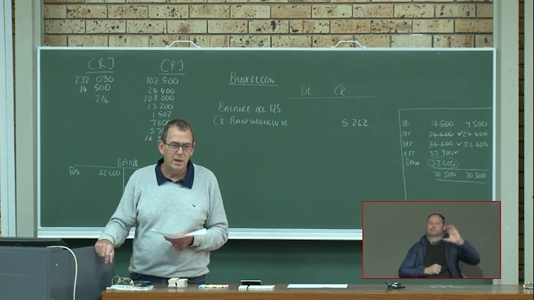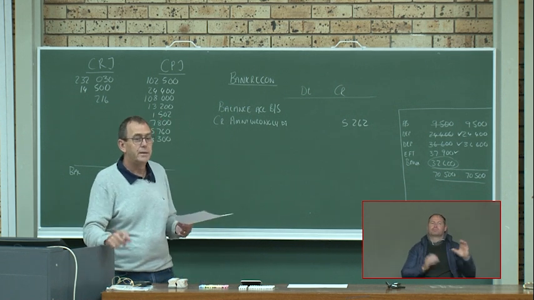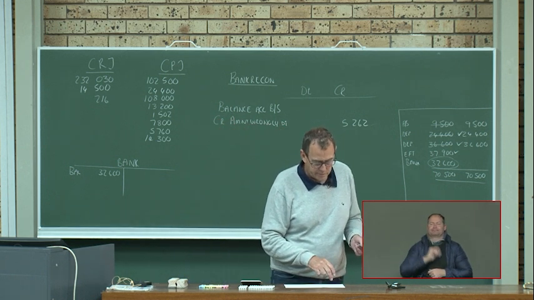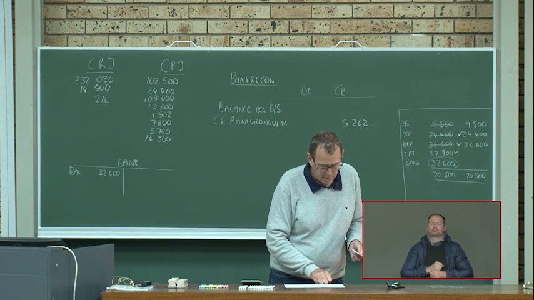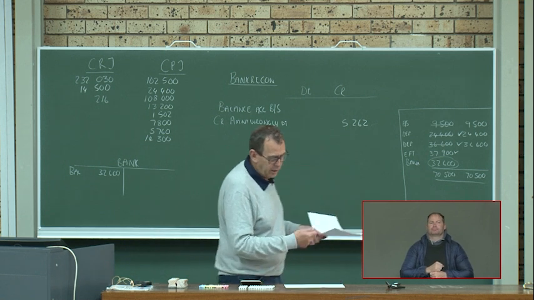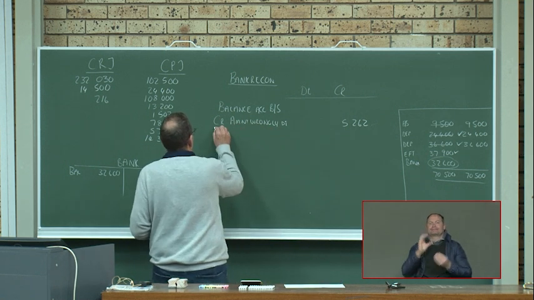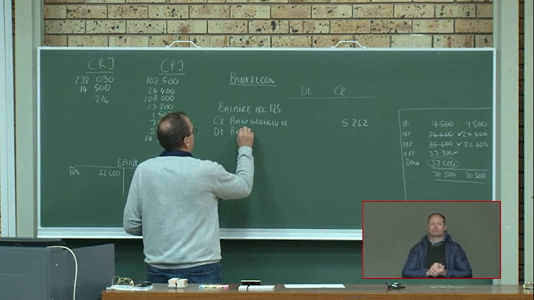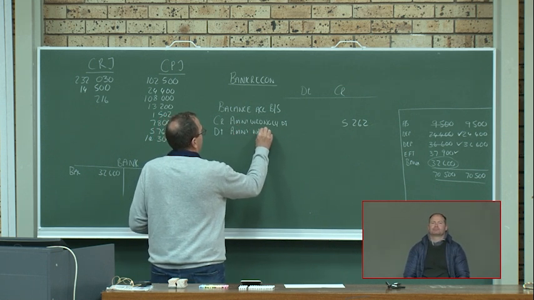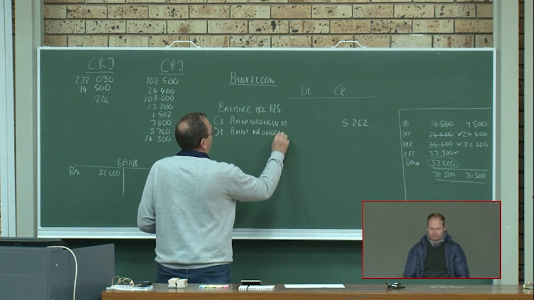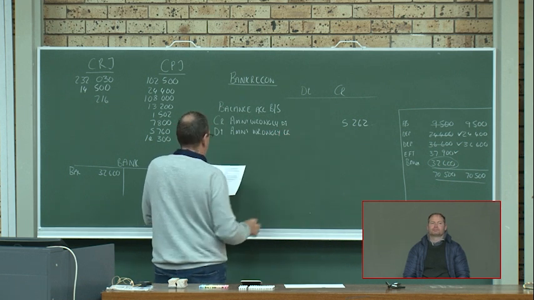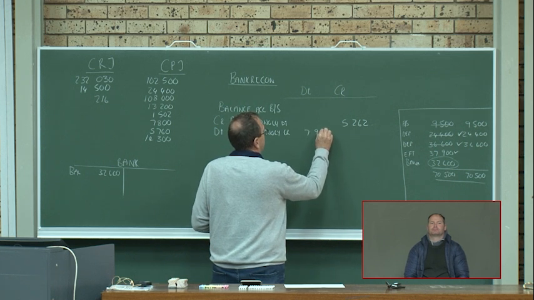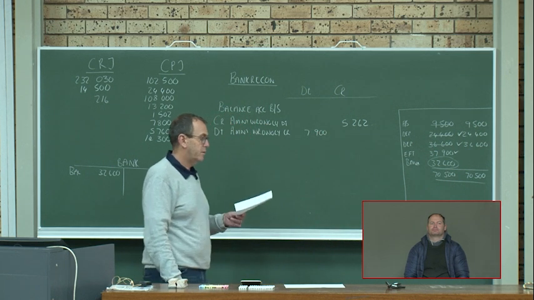So how will we take it out? Debit. All right, we will say debit amount wrongly credited, or whatever you want to do, and that will be 7,900.